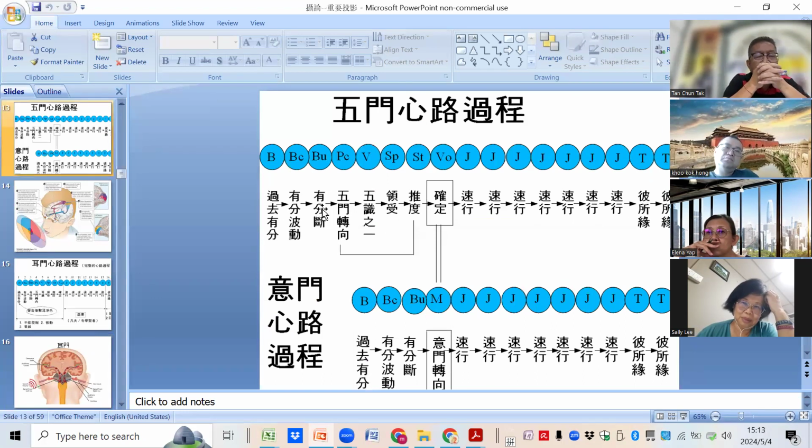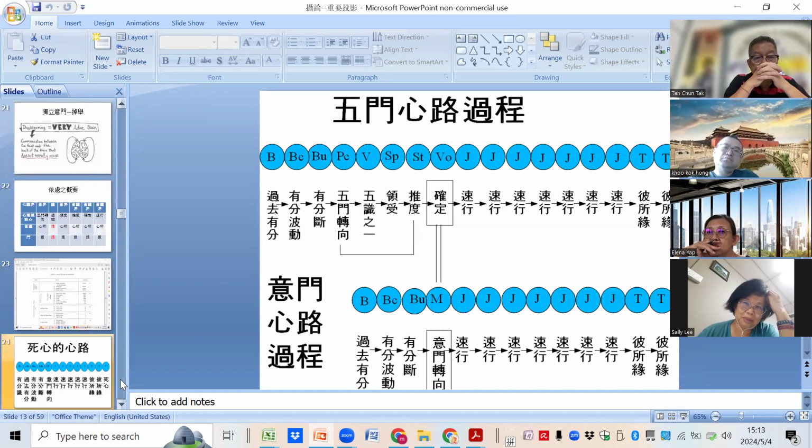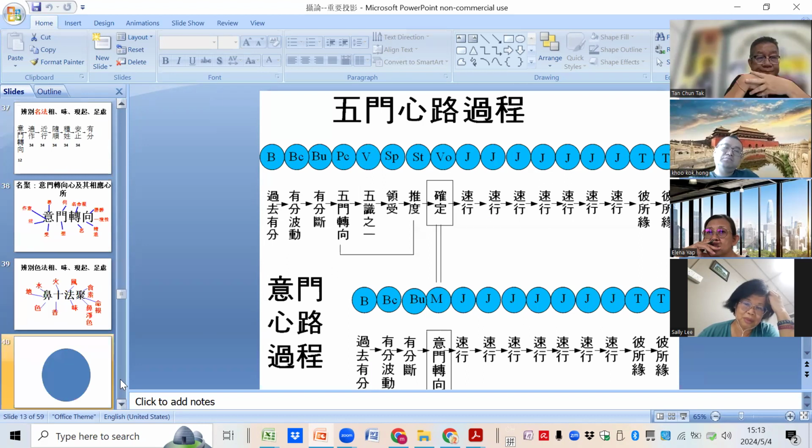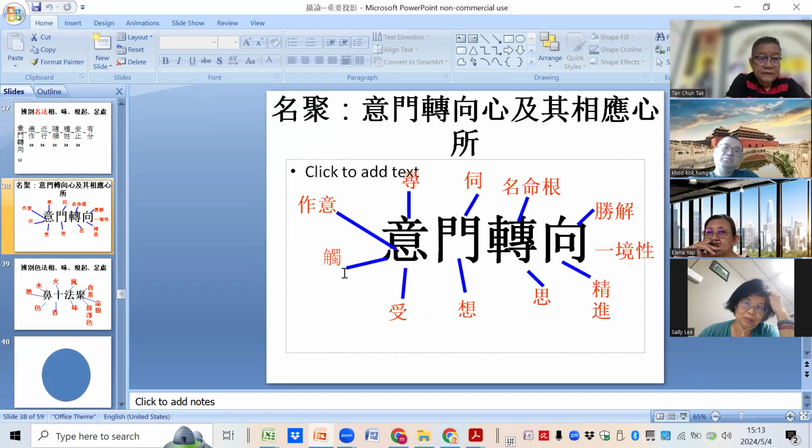They are different consciousnesses, and every consciousness possesses Cetasika. For example, in one consciousness, it will possess a lot of Cetasika.